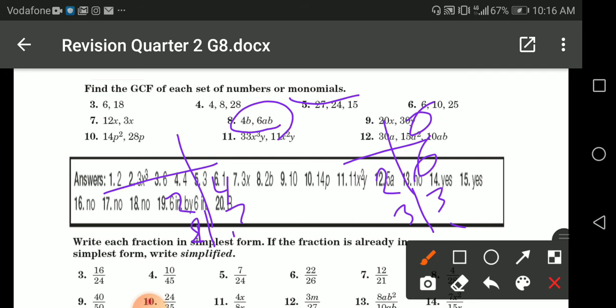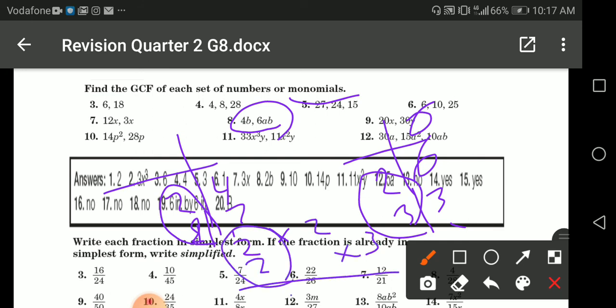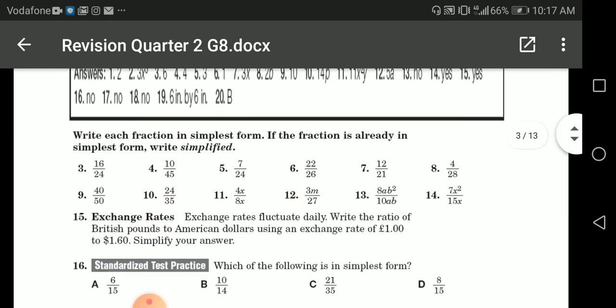So we have here 2 times 2, and 2 times 3. The repeated here is what? Just 2. Okay, what about b? We have b and ab. What is the repeated here? Just b. So I will write in the greatest common factor 2b, because b is repeated and we take from the repeated.